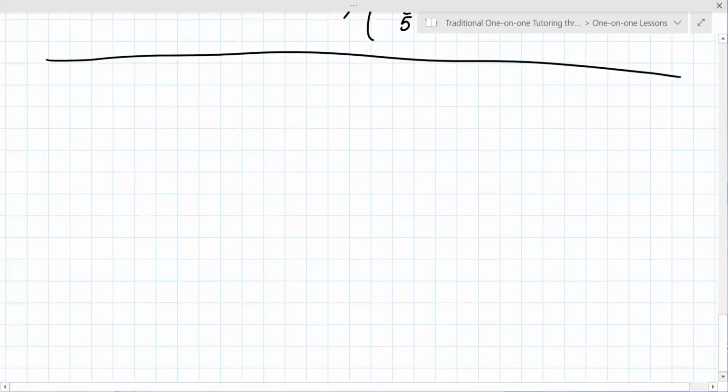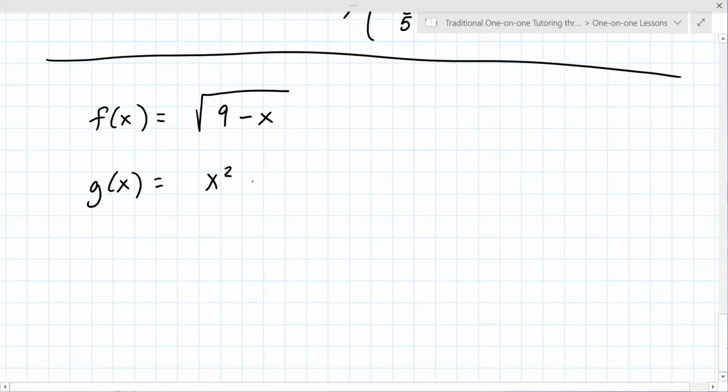Okay. So let me give you some functions here. Let's say f of x equals the square root of 9 minus x. g of x is x squared plus 1. And then we'll make a table.